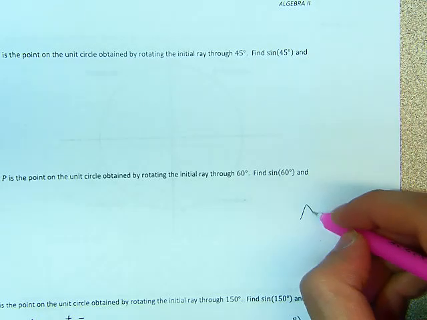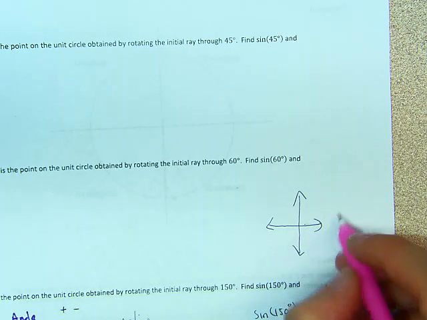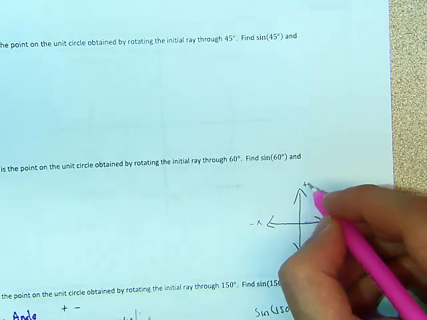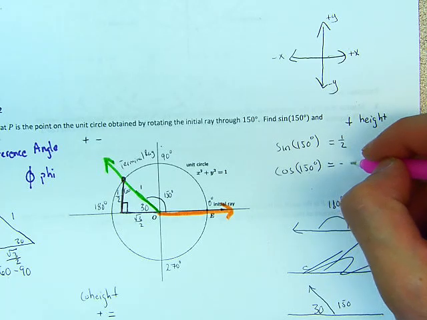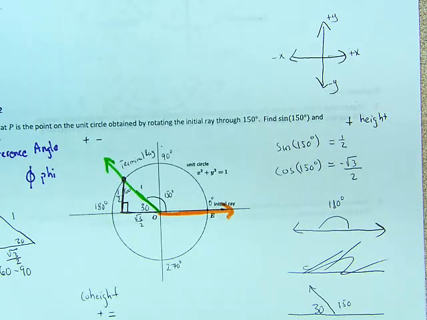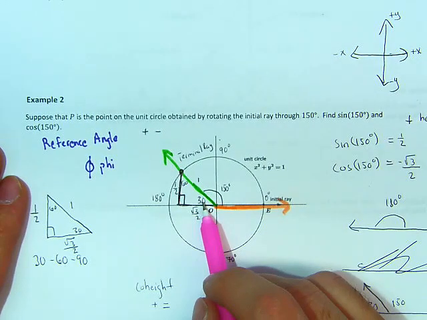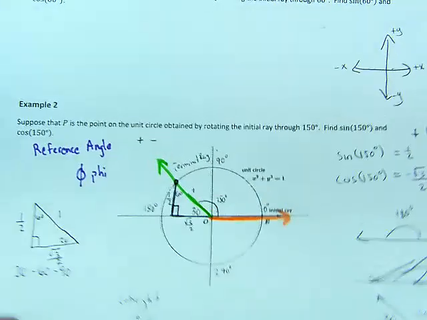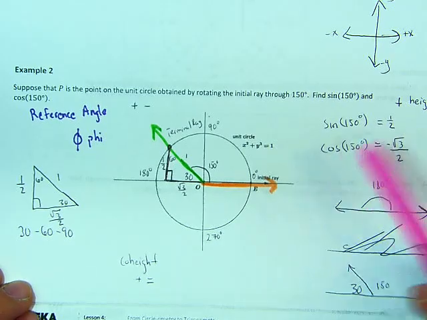It has to do with the xy axes: this is positive x, this is negative x, this is positive y, and that's negative y. So the cosine of 150 is negative square root of 3 over 2. It's not positive. We used that 30-degree angle to help us calculate this measurement. If you feel lost and confused about the positives and negatives, just let me know.